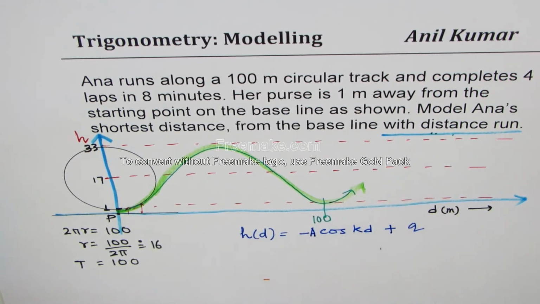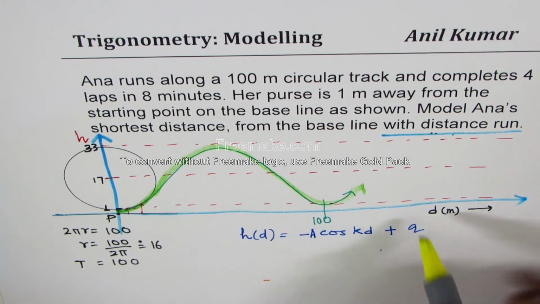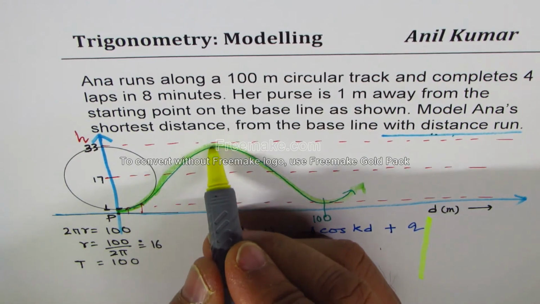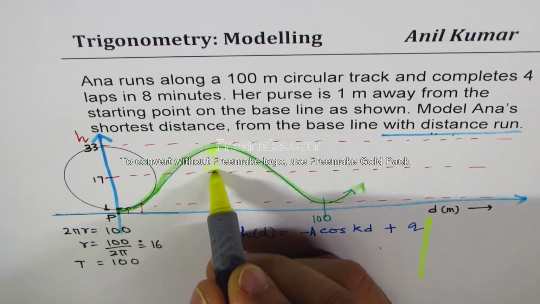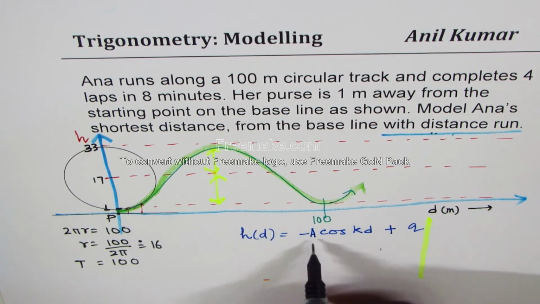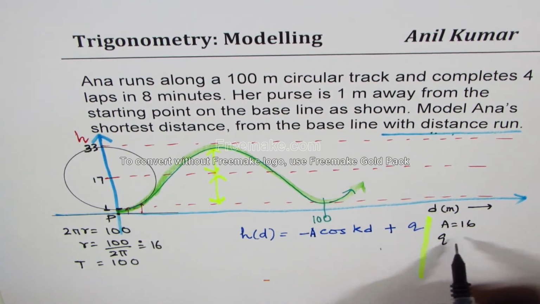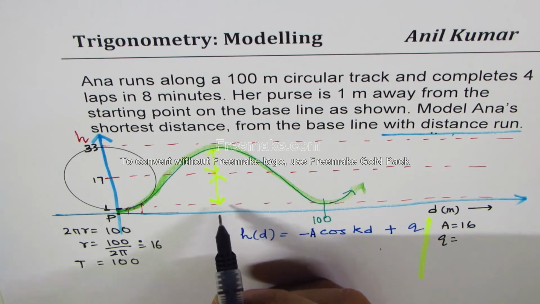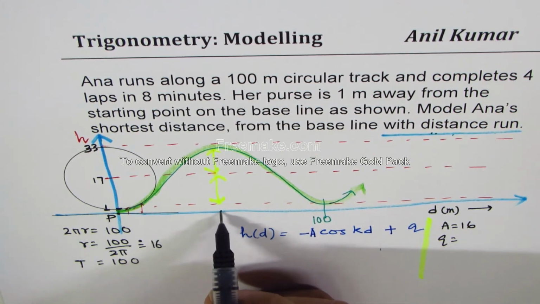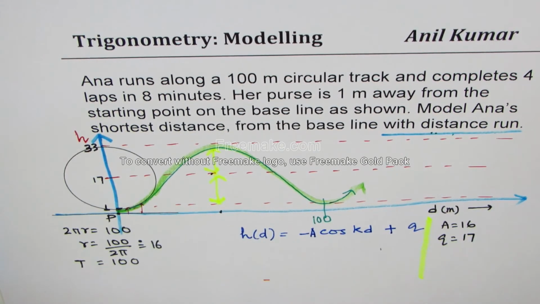Let me write capital A this time. The value of amplitude A is still the same, that is the distance away from the axis, so A is equal to 16 for us. Q is still the same, which is how far from the baseline the axis is. It is 17, so Q is also the same.